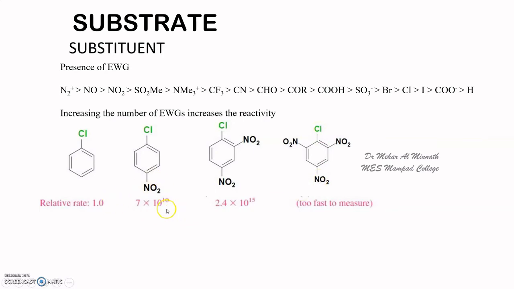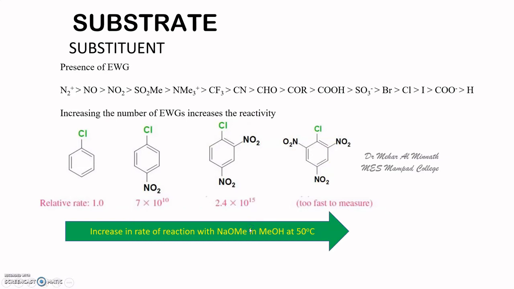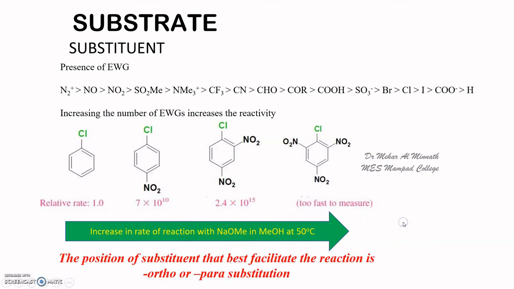You can see here the relative rate increases as you introduce electron withdrawing groups on the substrate. This reaction rate is for the reaction of the substrate with sodium methoxide in methanol at 50 degrees centigrade, a low temperature. Now, as I said earlier, the position of the electron withdrawing group is a very important factor.